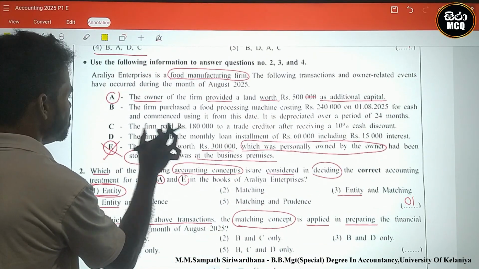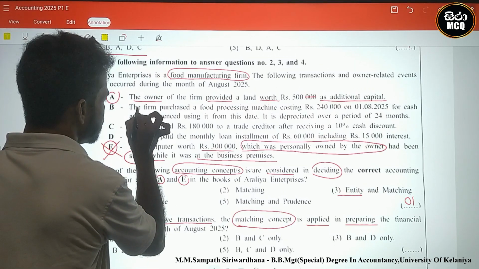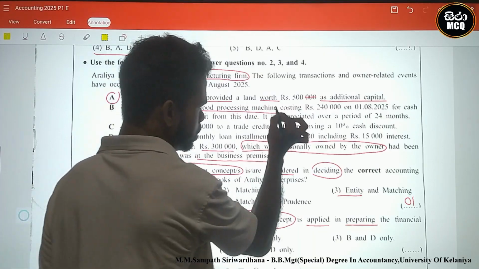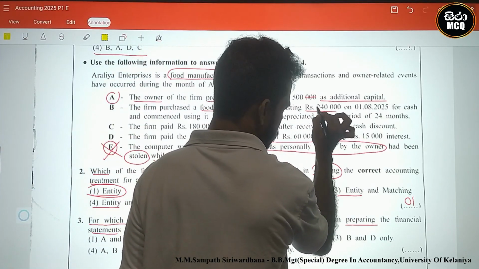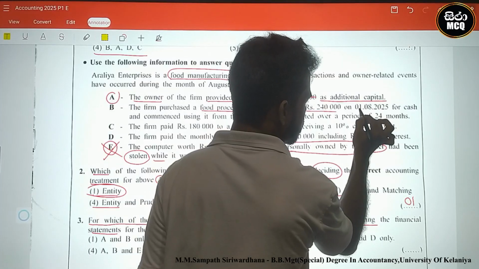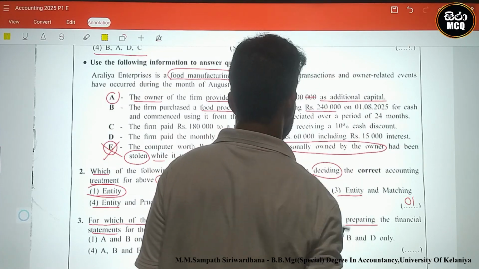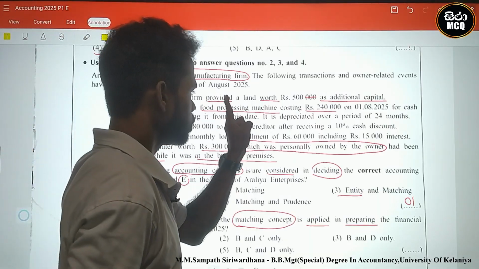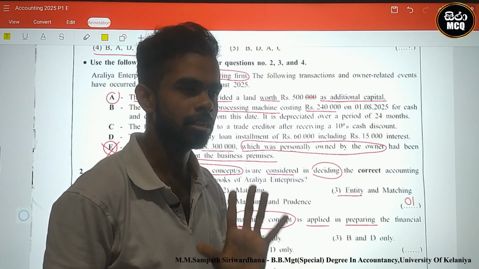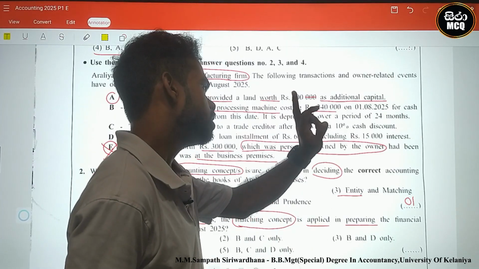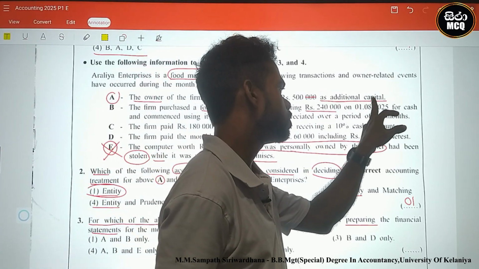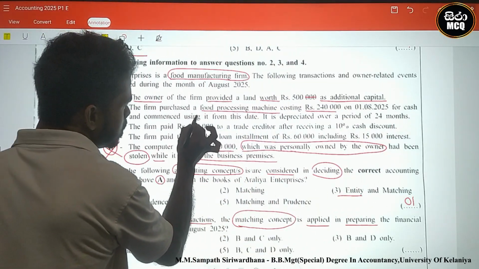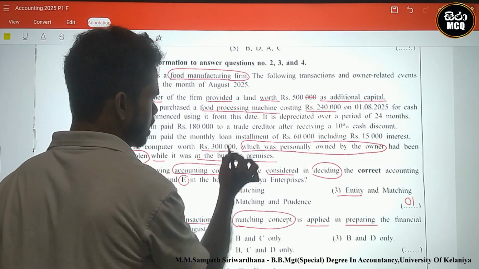B: the firm purchased a food processing machine costing 240,000 on 1st August 2025 for cash and commenced using it from this date.